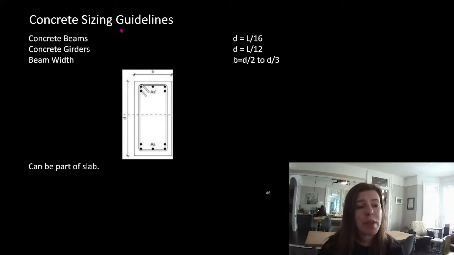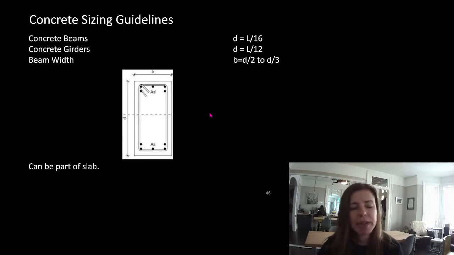So a concrete beam that's just doing a regular old job of picking up a slab, going around, minding its own business, being a beam, is going to be length divided by 16. If you see a concrete beam that's doing something more than a regular old job, it's going to be a girder. And so then it's length divided by 12. Ugh.